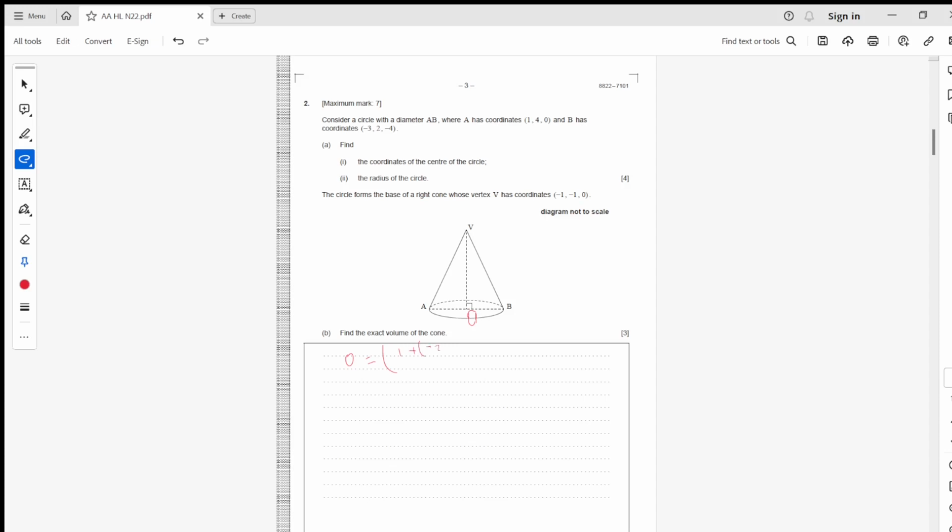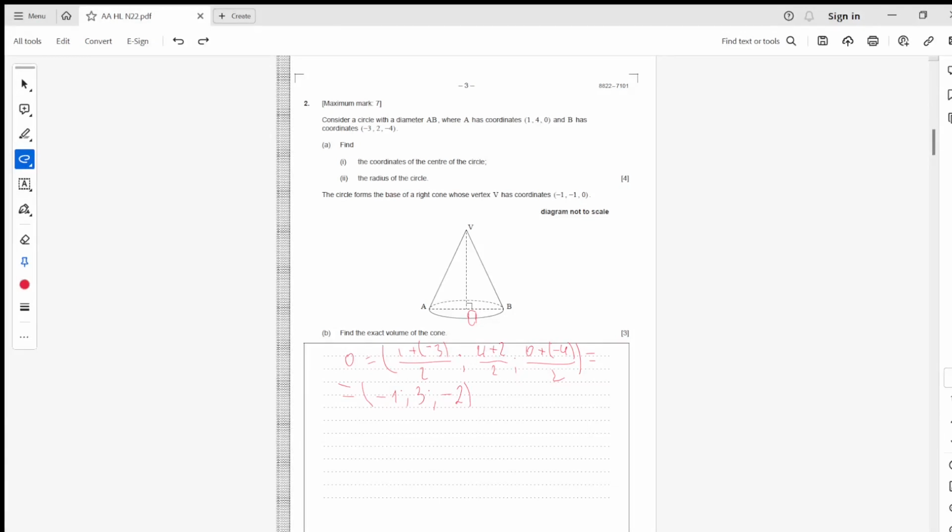You can just find the arithmetic mean of points A and B. And this is the answer for the first question.